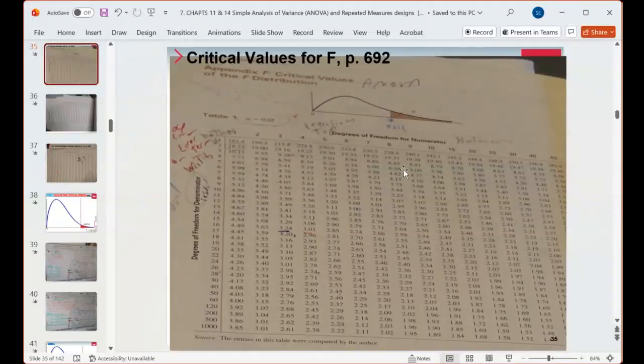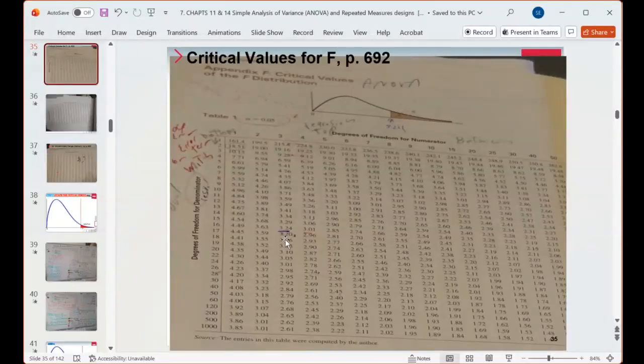I'm sorry. Yeah. Degrees of freedom. Okay, it's 3. Sorry. K is 4. So DF between is K minus 1. So that's 3. And so look at the blue line. Look at the row number 3.